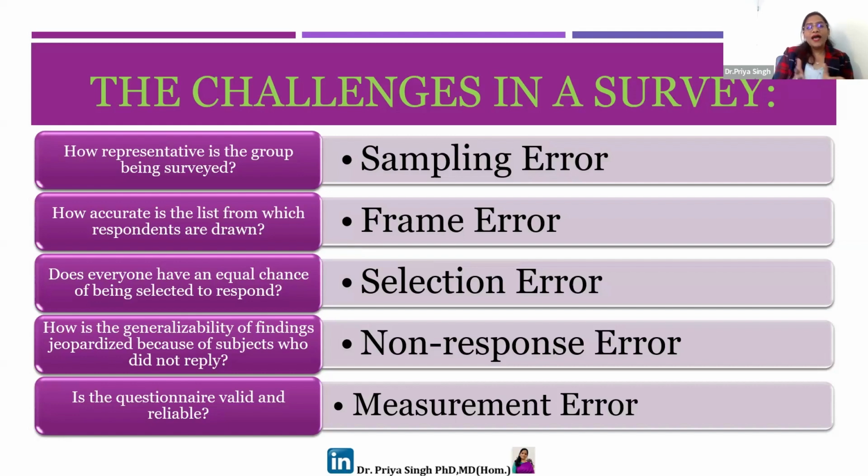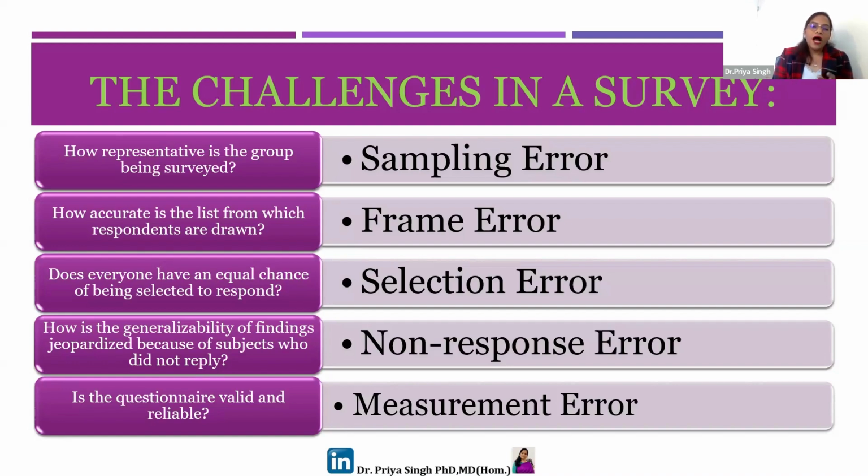And measurement error. This occurs when your questionnaire does not accurately measure what it is supposed to. For example, in the same patient satisfaction survey, if you ask, did you have a good experience during your hospital stay? And you're not specifying here what good experience means.